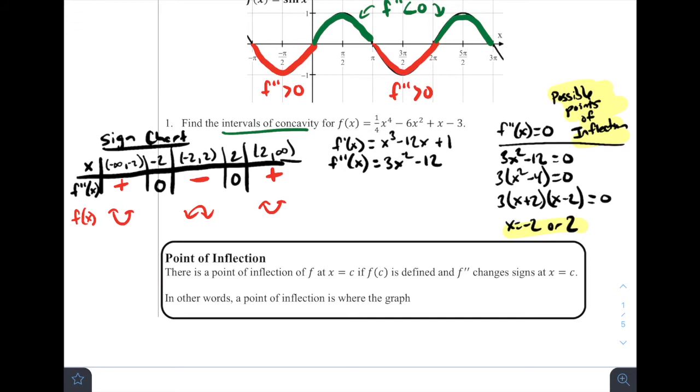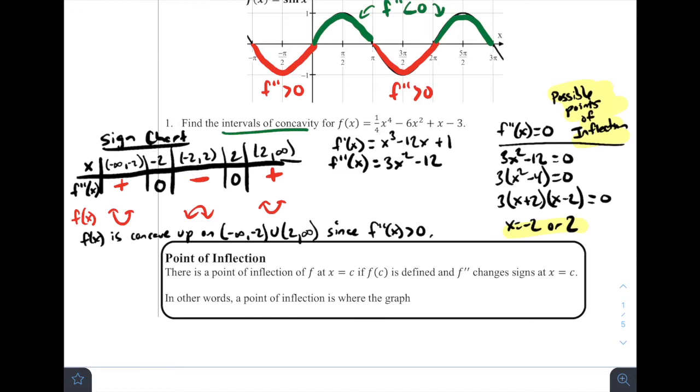So we know that f of x is concave up on -∞ to -2, that interval of x values, and from 2 to infinity, since f double prime of x is positive.